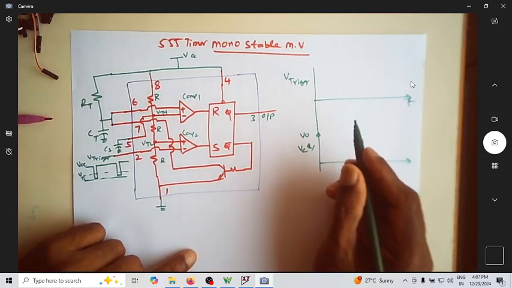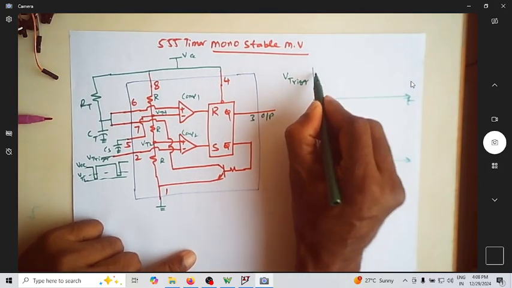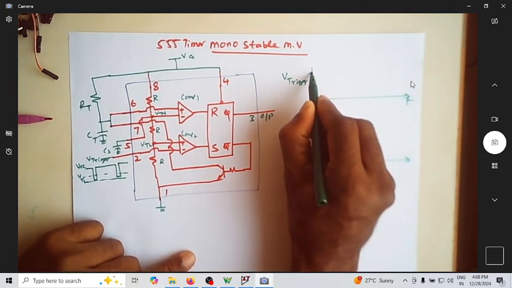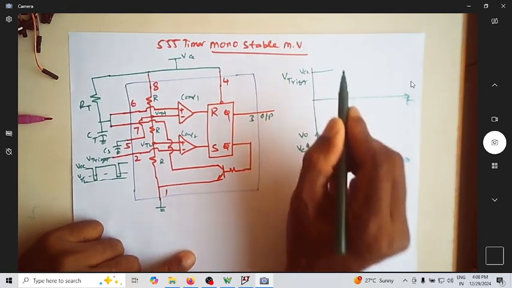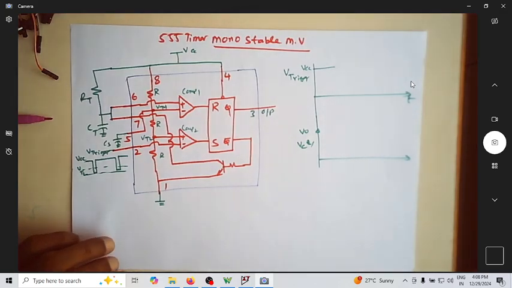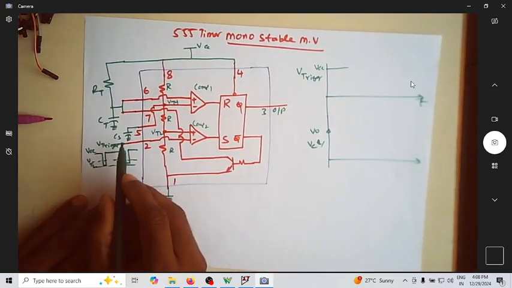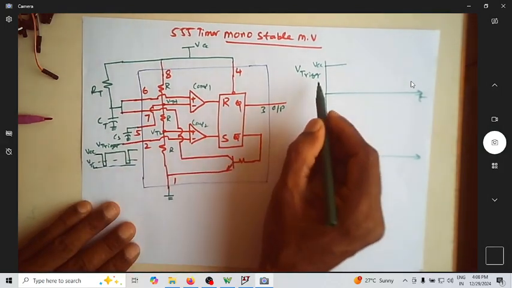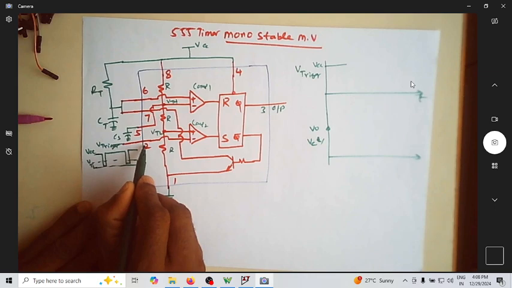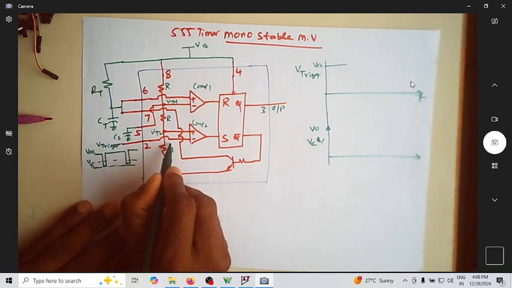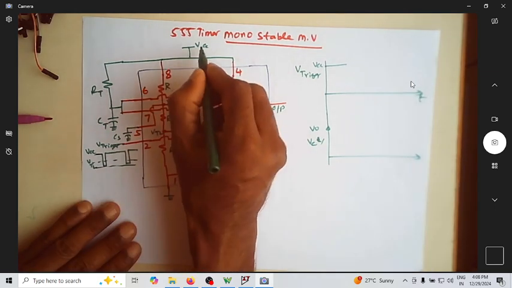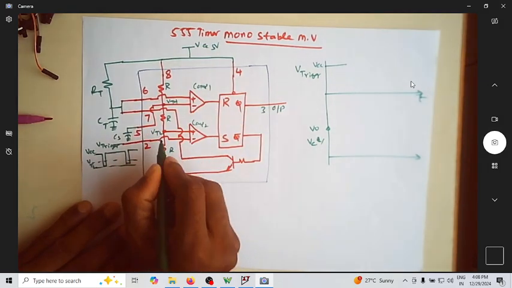So let us start analyzing the circuit by considering the trigger signal as VCC. So this is my trigger signal VCC. Now let us see, if the trigger signal is VCC, what happens. You can see the trigger signal is given to pin number 2. Let us assume that this is 5 volt.